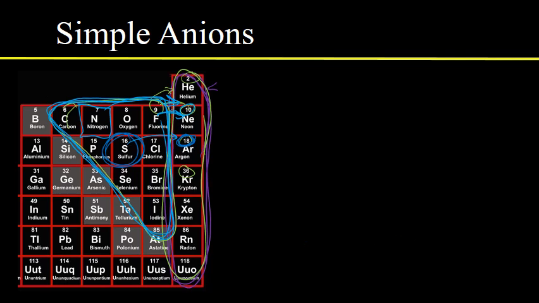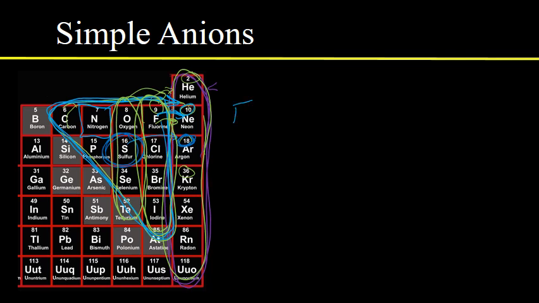Everything in group 2 loses 2 electrons to become a +2 ion. Same thing is true here, but in the other direction. Everything in this column is going to gain 1 electron to have the same number as a noble gas. Everything over here is going to gain 2 electrons to have the same number as a noble gas. All right, so that's the charge.